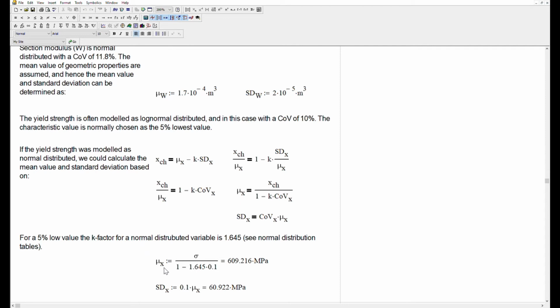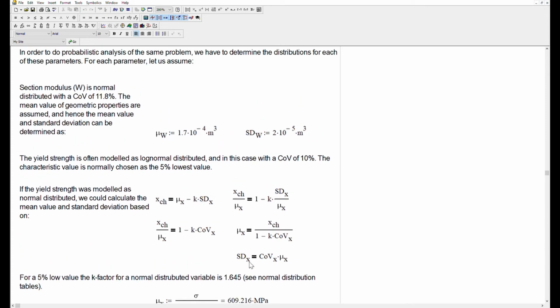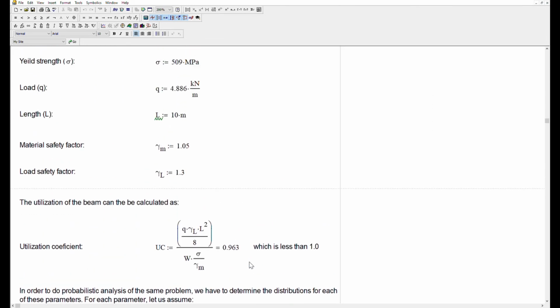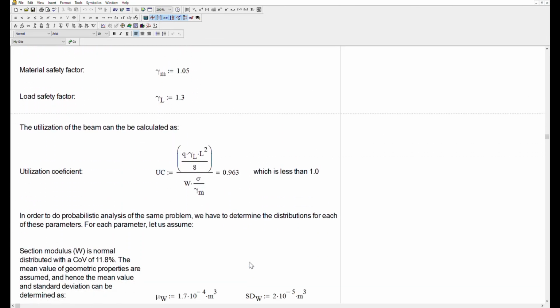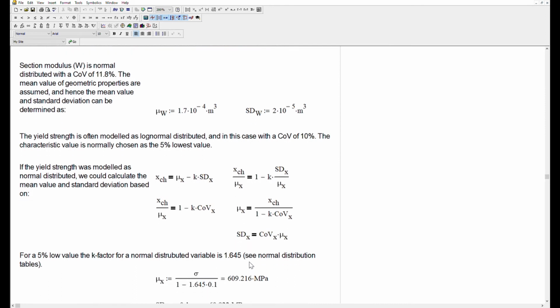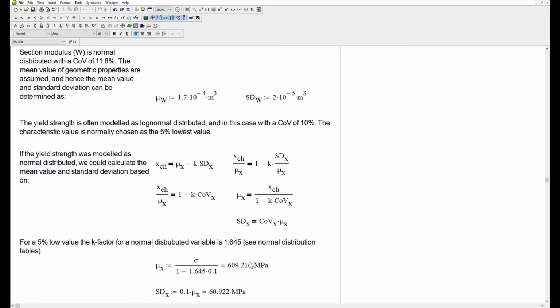And then we can calculate the mean value from the characteristic value of the yield stress as we have found earlier, divided by 1 minus 1.645 times 0.1, and then the mean value is 609. That should be compared to the 509 that was used as the characteristic value, so we can see that the mean value is significantly higher than the characteristic value. The standard deviation is 60.9.